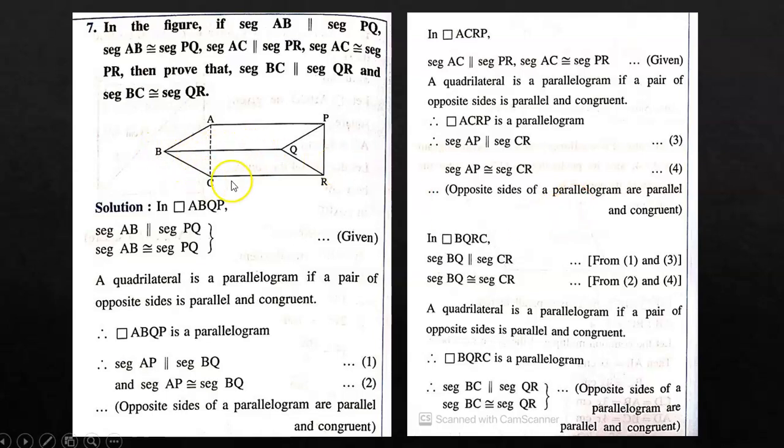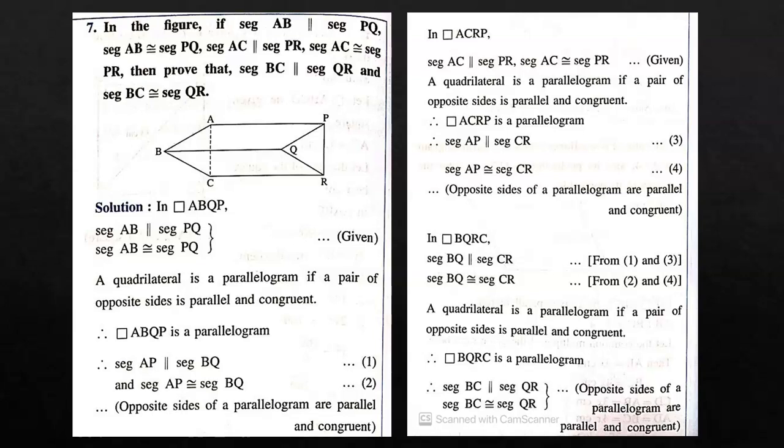Now let's move to the third quadrilateral. Quadrilateral BQRC. From 1 and 3, I can say that BQ is parallel to CR. And from statement 2 and statement 4, I can say BQ is congruent to CR.